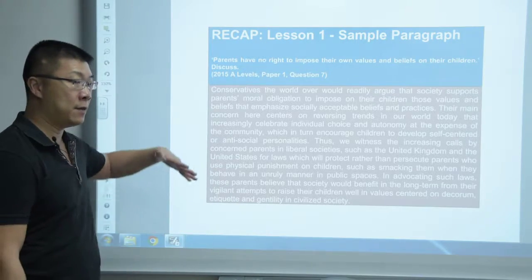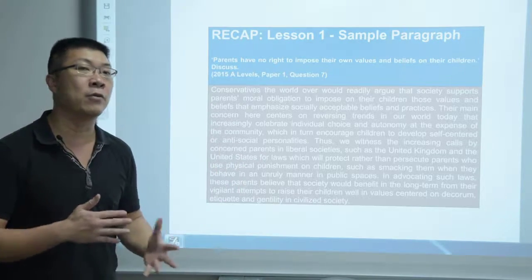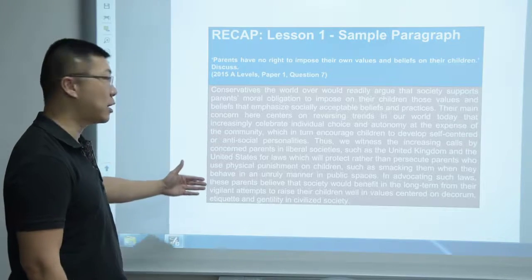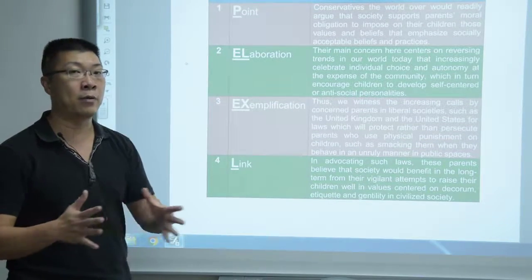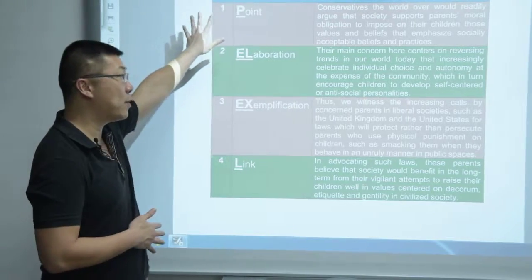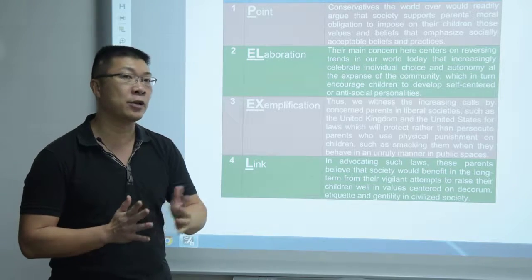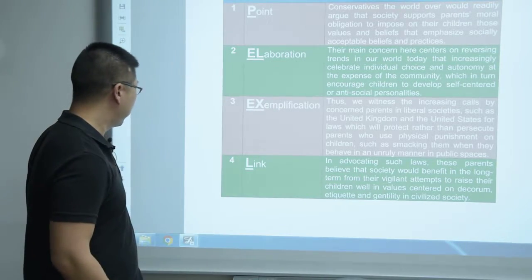And it looks as if it's quite easily done because there's an end point. But what really goes into the whole writing process can in a sense be divided into body paragraph structure. And you realize that this is actually how the whole paragraph forms up, right? The topic sentence, a point, the elaboration, exemplification, and link. And what I'm going to do with you now is to share with you how each of these are actually written, at least broadly speaking.